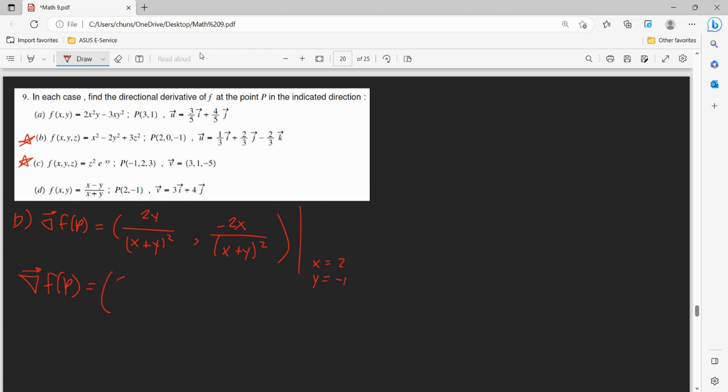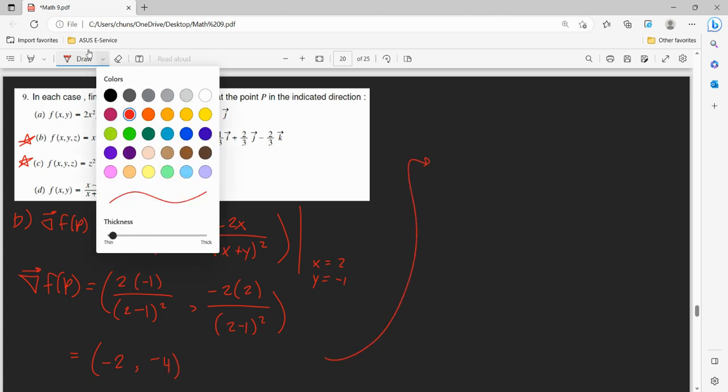This is equal to 2 times negative 1 for our y, and this is 2 minus 1, our denominator squared, and this is negative 2, x is equal to 2, and this is 2 minus 1 squared. So that's negative 2 over 1, it's negative 2, and this is negative 4.